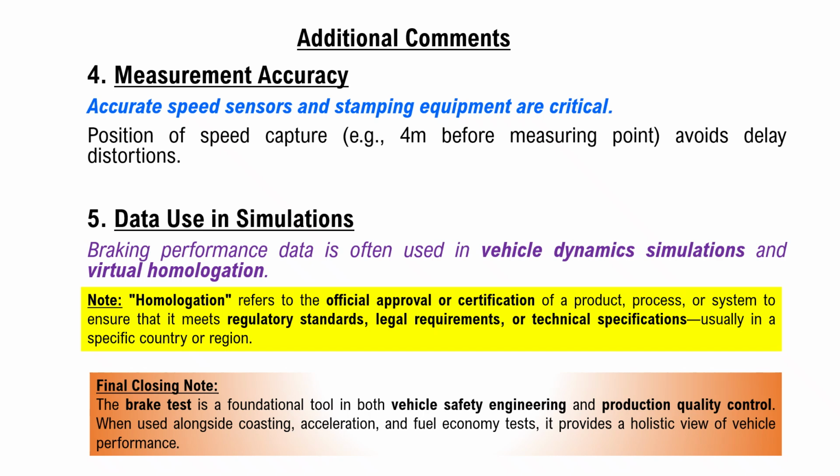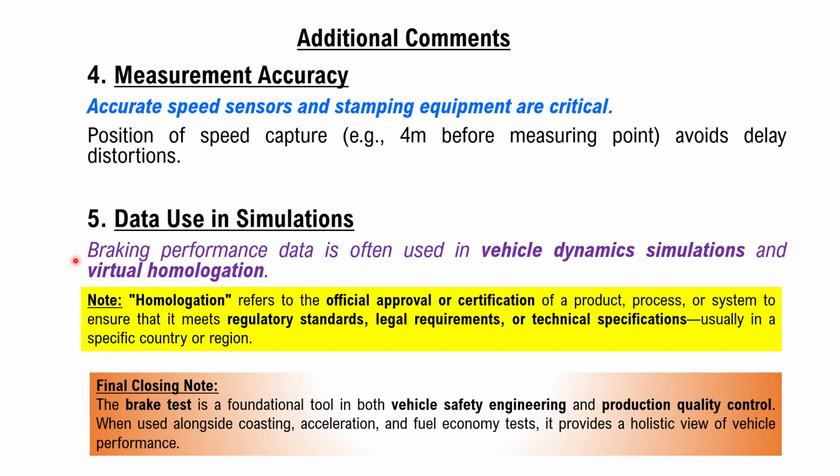Number four, measurement accuracy. Accurate speed sensor and stamping equipment are critical. Number five, data used in simulations. Braking performance data is often used in vehicle dynamics simulations and virtual homologation.